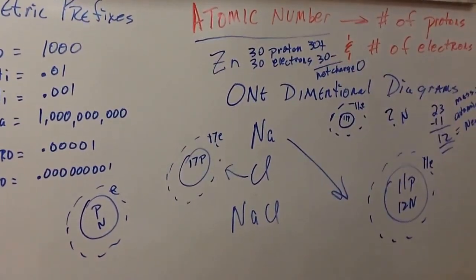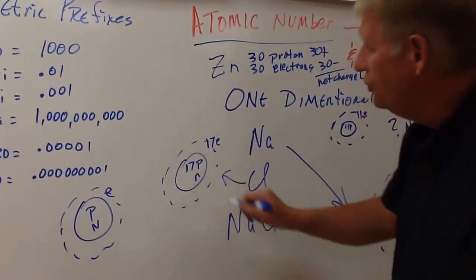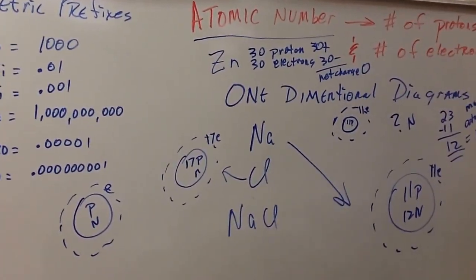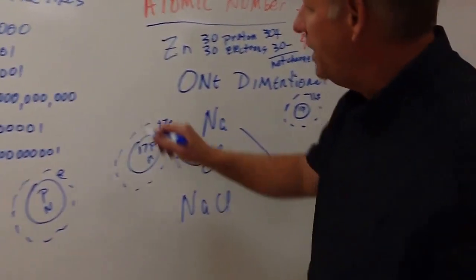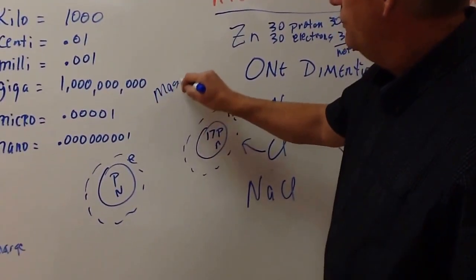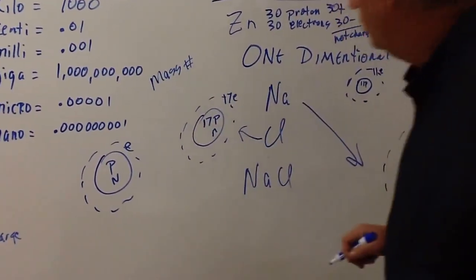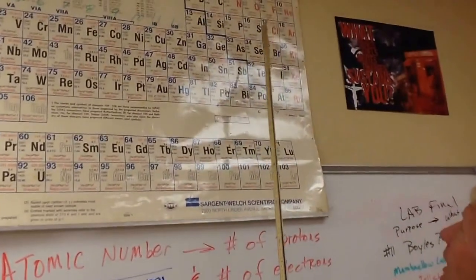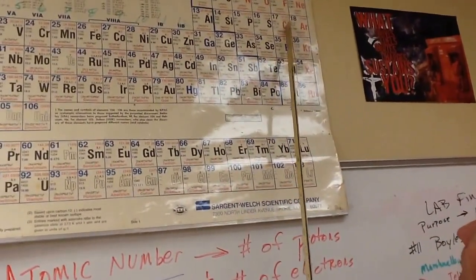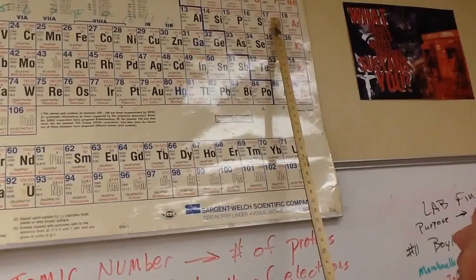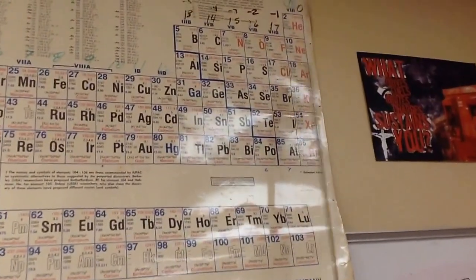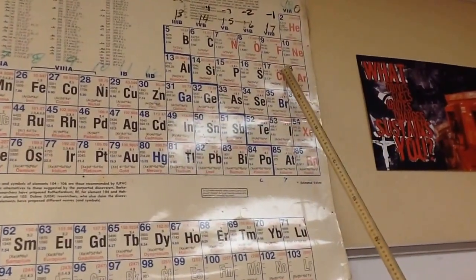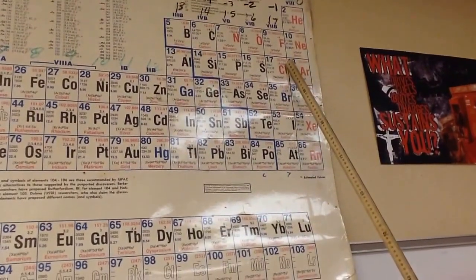Oh, that's cool. So now I've got to figure one more thing, the neutrons. The way to get the neutrons is the mass number minus the atomic number. So I look at chlorine, once again, on the periodic table, and the mass number is 35.453. Even though that's a 4, the next number's a 5.